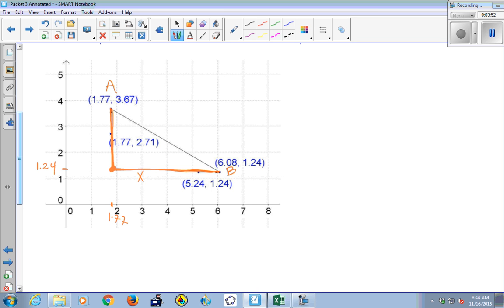So we'll do x minus 1.77. So what would that vertical distance be from the right angle up to ship A? Y minus 1.24. Yeah, this is at a distance of 1.24, and then this point is at 1.24 comma y.